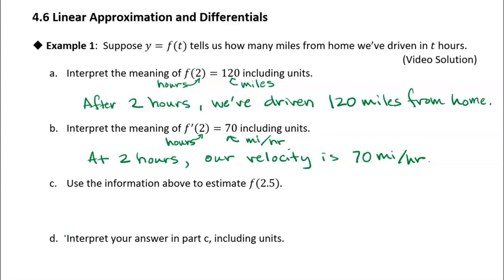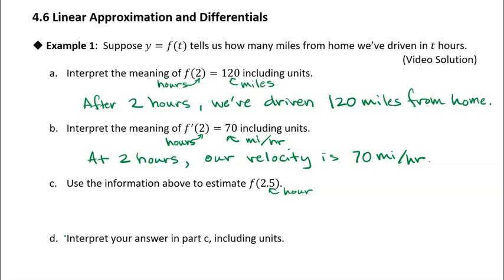Now this next question wants us to estimate f at 2.5. Again, this is still t, still time, still the number of hours we've driven. So we want to figure out how far we are from home after 2.5 hours, if we know that after 2 hours we were 120 miles from home and traveling at 70 miles per hour.